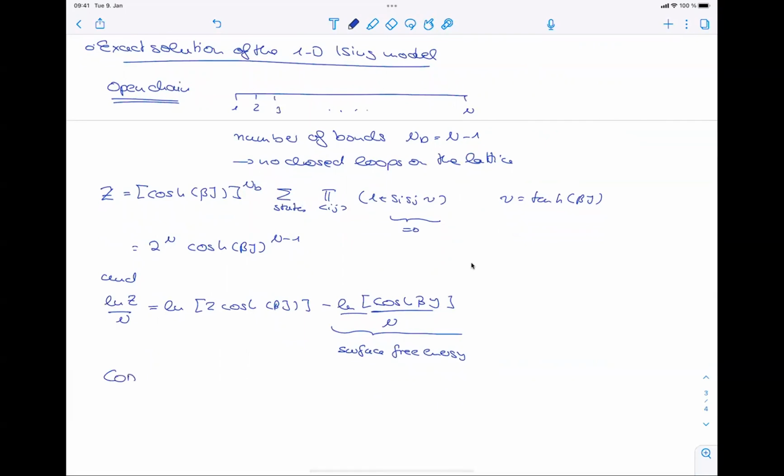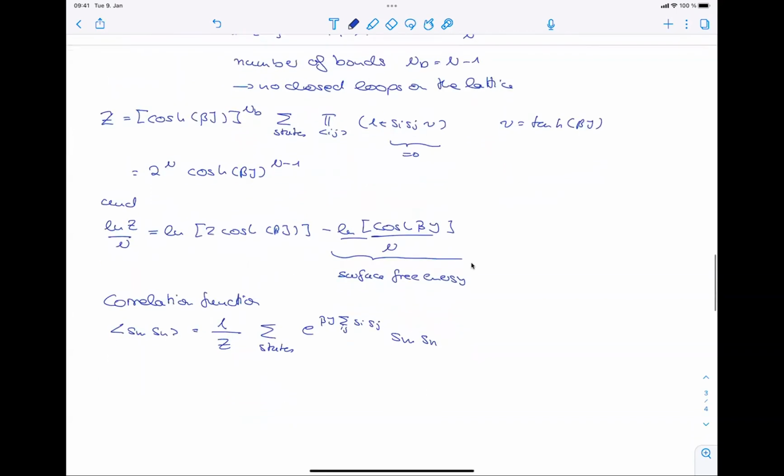So if you look at the correlation function, say ⟨S_m S_n⟩, we know that this is defined as 1 over the partition function, summing over all states, e^{βJ Σ S_i S_j} times S_m S_n.